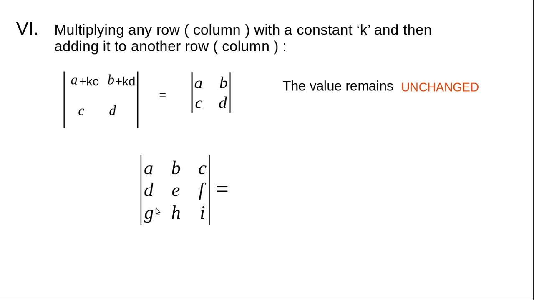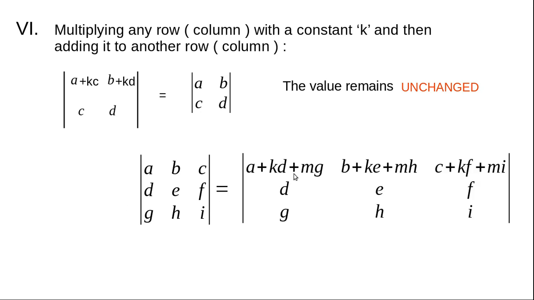Now see this for a third order determinant. Third order determinant means this, and if we make a similar operation, we may get this. Here D, E, F and G, H, I are unchanged, and we have changed only the first row. So how could we change that?